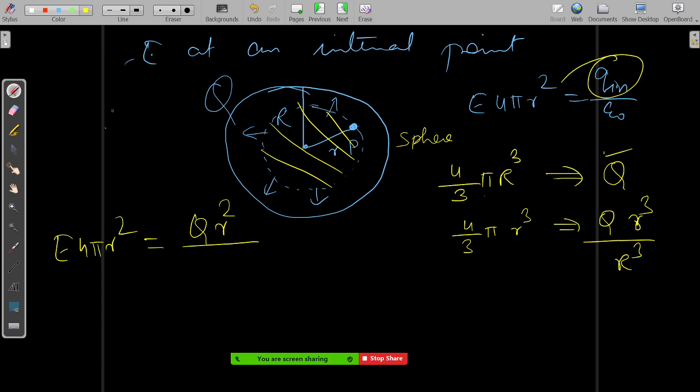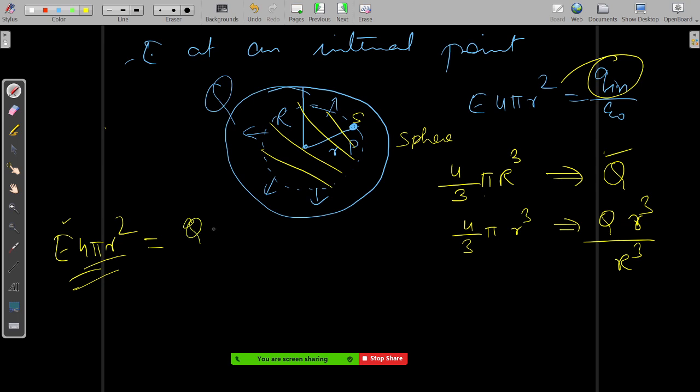Now since you know that we have assumed the electric field to be uniform by symmetry, and the Gaussian surface S has area 4 pi r square, this is the total flux. Total flux equals Q internal by epsilon naught.